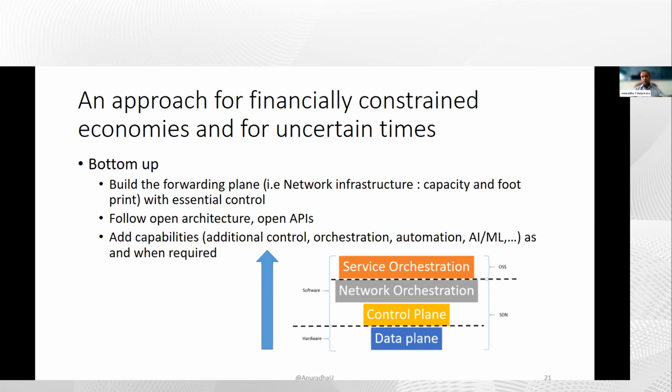Build your data plane, which is very much essential to have your footprint and capacity, and then implement the necessary control functionalities and start adding other capabilities like network orchestration, service orchestration, automation, AI, ML, as and when required. And make sure that all the interfaces, whether they are software to software, hardware to software, or hardware to hardware, are open, and that you support or follow cloud native and all these network concepts.